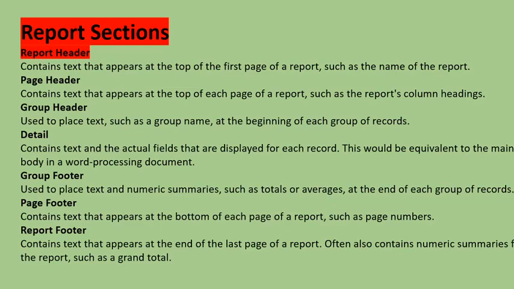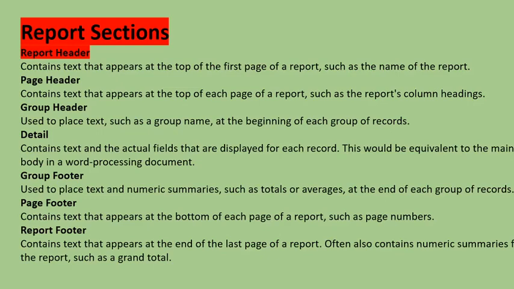Group header is used to place text such as group name at the beginning of each group of records. Then you have detail, which contains text and the actual fields that are displayed for each record. This would be equivalent to the main body in a word processing document. That is detail.